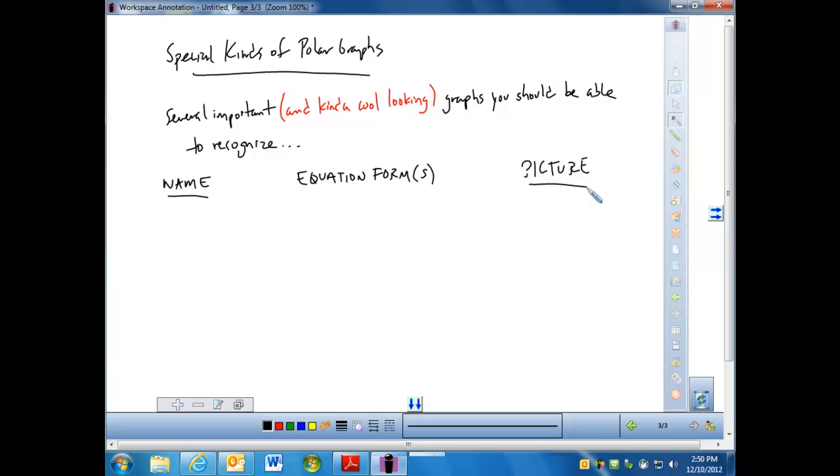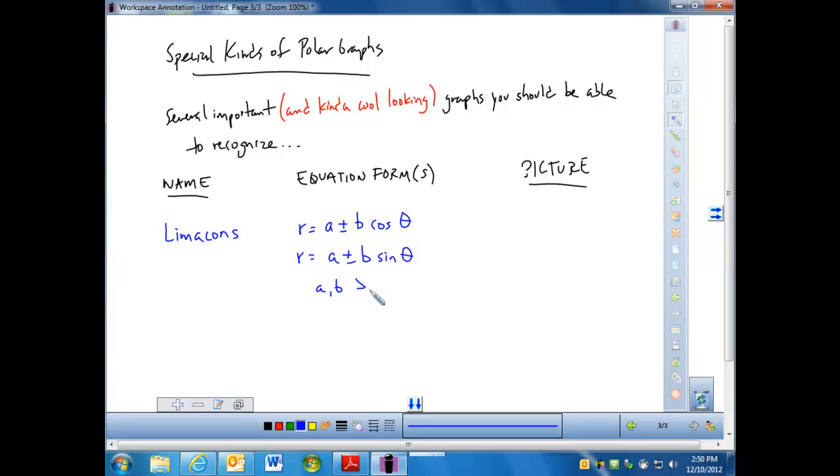The first one is referred to as a limaçon. Limaçon, it's pronounced limaçon. That I has got like an E sound to it. Now, a limaçon is going to be identified when it's in this form. When you have r equals a number, a constant, plus or minus something times cosine or sine.